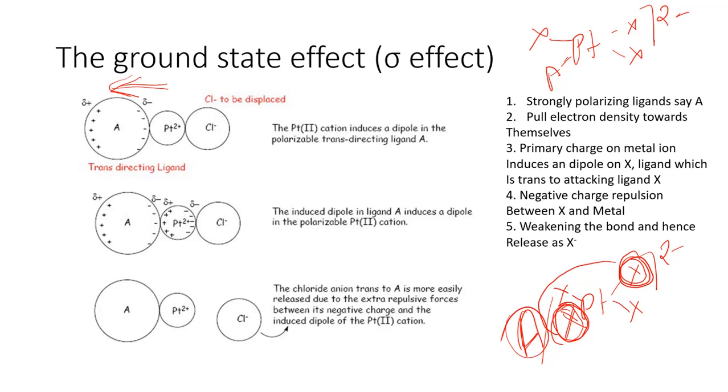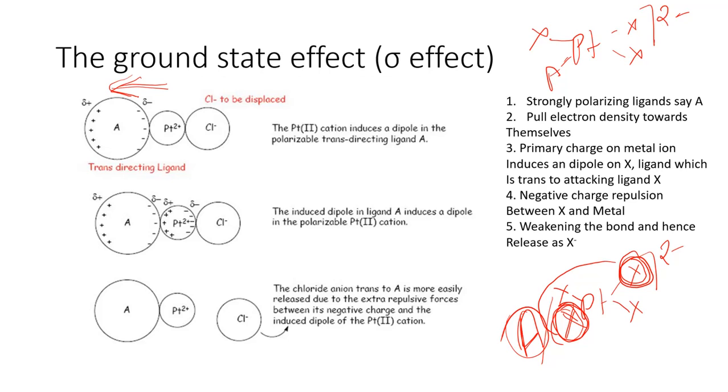Therefore the primary charge on the metal ion induces a dipole on the ligand X which is trans to A.